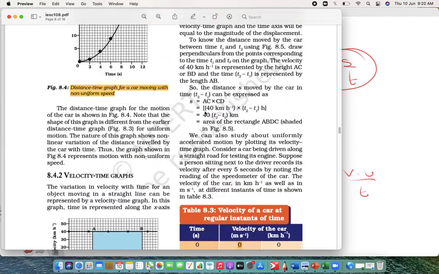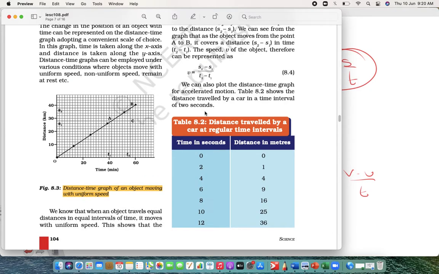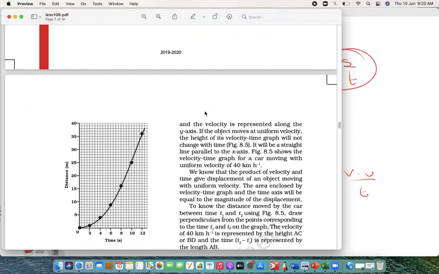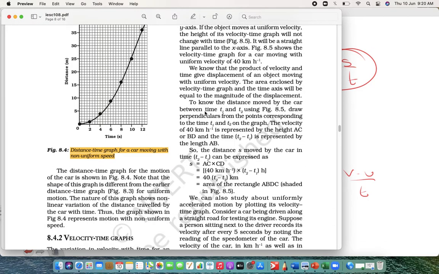So we already saw what is the distance versus time graph. This is uniform motion, this is non-uniform motion, right? Can you see here? So that's what they explain here, that the distance versus time graph as shown in the car. The nature of the graph shows that it is a non-linear variation. This graph represents non-uniform speed.